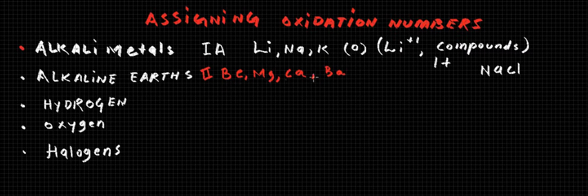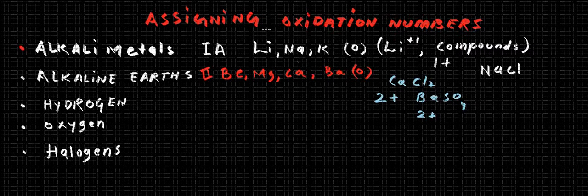When they are in their atomic state, their oxidation number is 0, but if they are in their compounds, like say we have calcium chloride, or say barium sulfate, etc., their oxidation number will be +2 in all of their compounds.